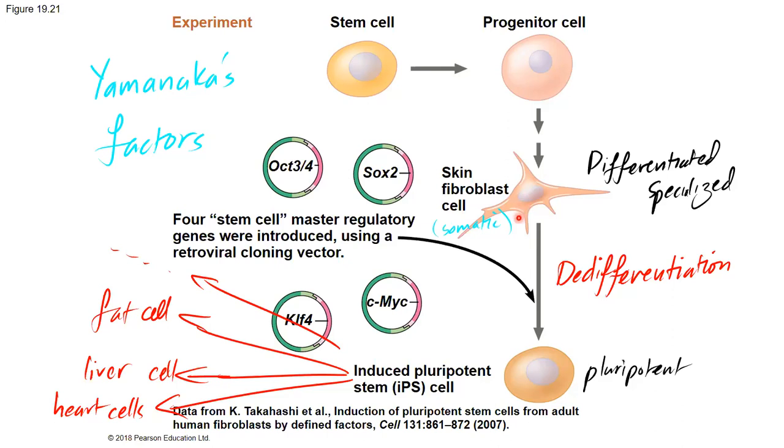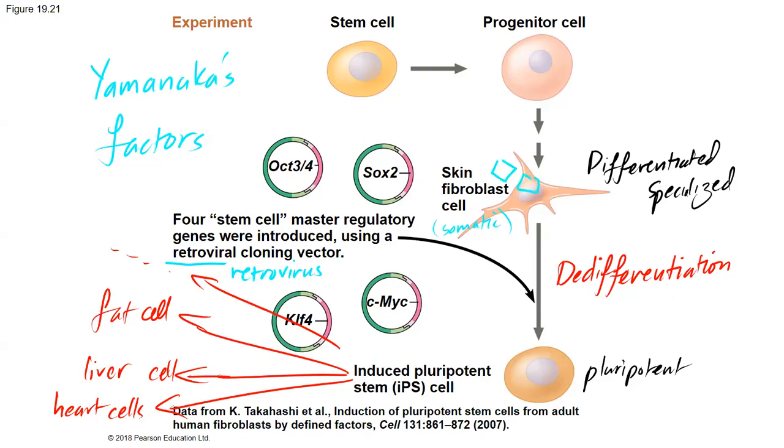So basically, these genes are cloned into plasmids, maybe, or vectors, and they are inserted into a retrovirus. So it's a virus that can infect human cells. Then the virus carrying these genes will be allowed to infect cells, okay, like this.